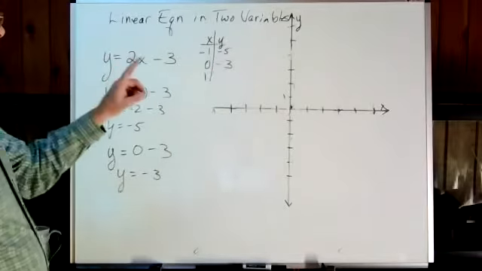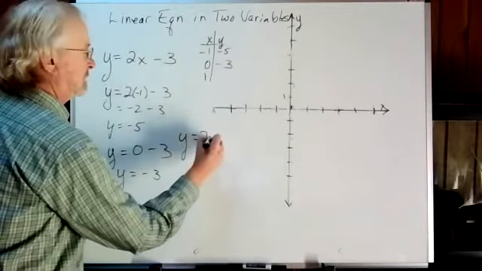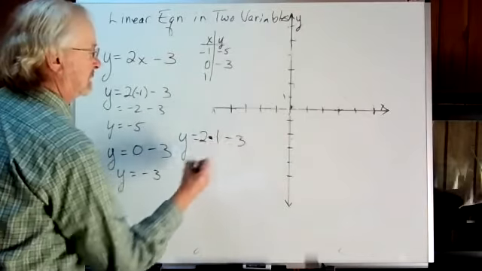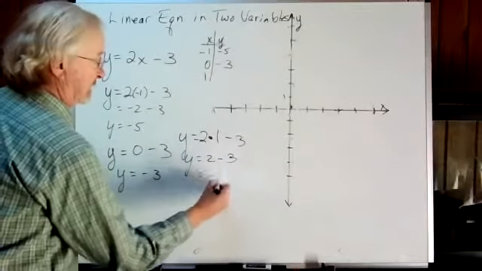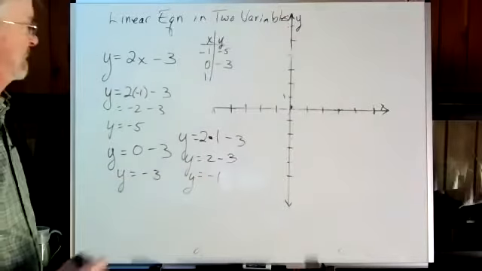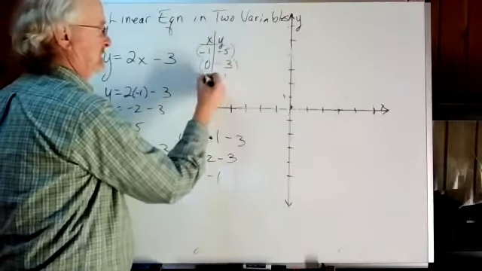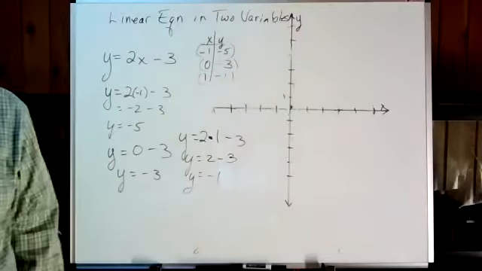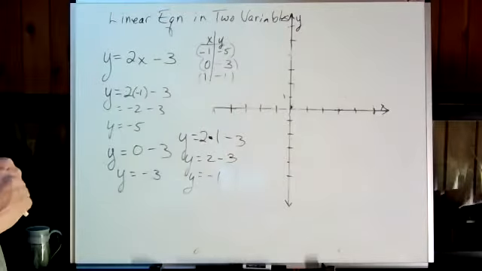And if x is a 1, y equals 2 minus 3, I get a -1. All right. These are 3 solutions to that equation. X's and y's that go together to make it true. If I put them on the graph, right?